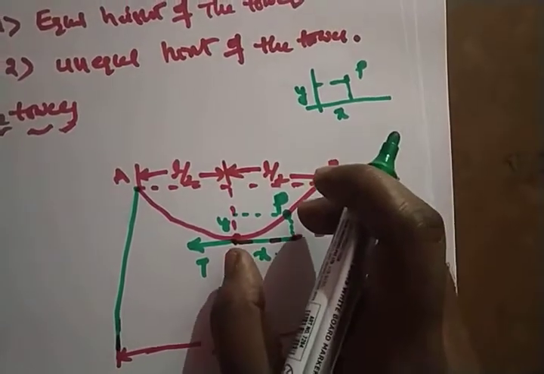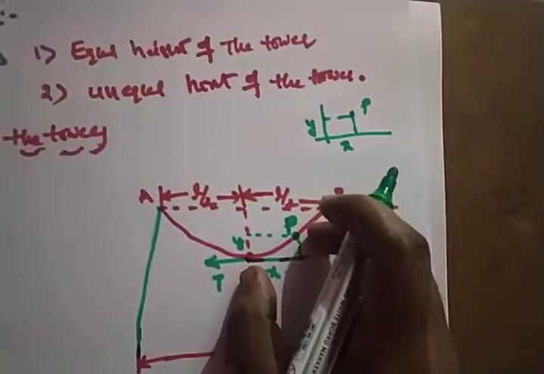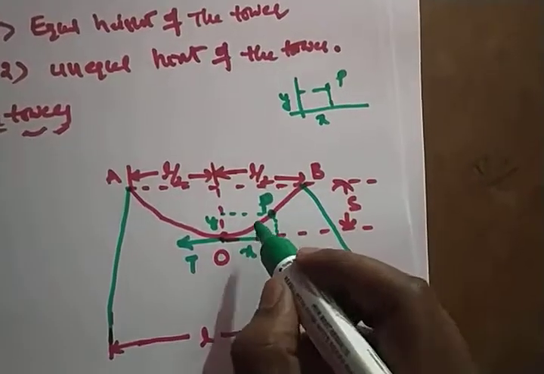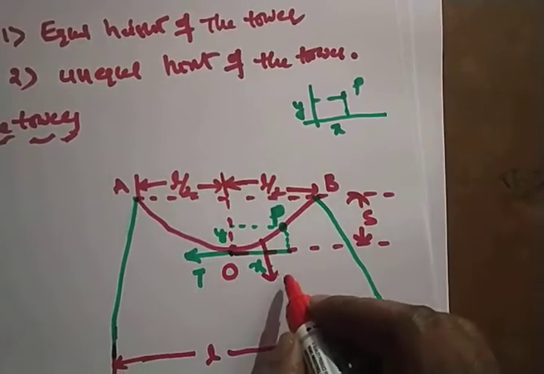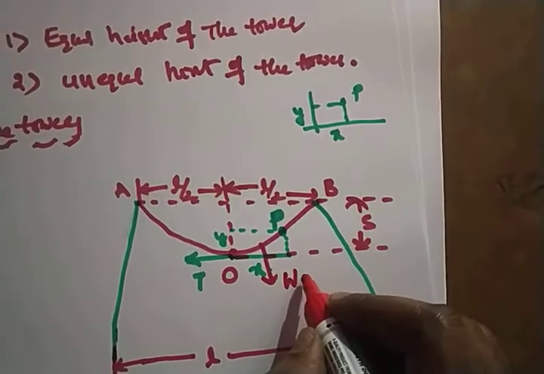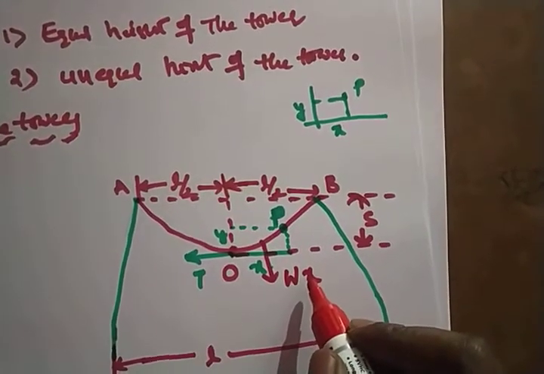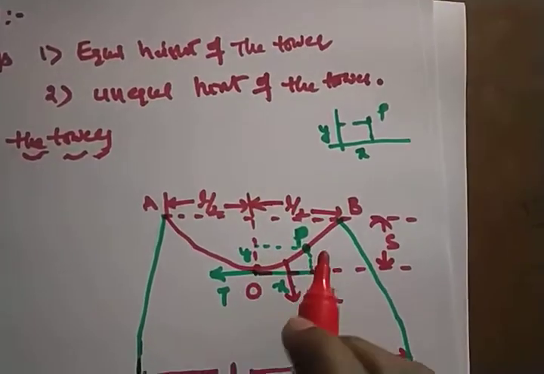Between O and P, there is one more force acting, and that force will be downwards. At the midpoint you will get the force here. So what is that force? W into x. Force is nothing but weight into distance, so that is Wx.